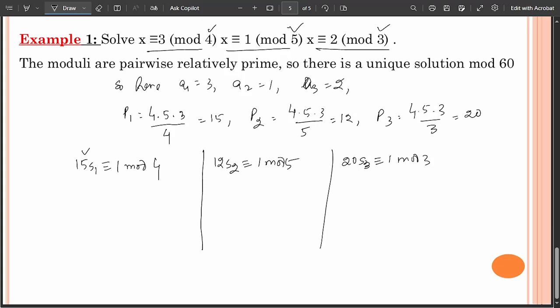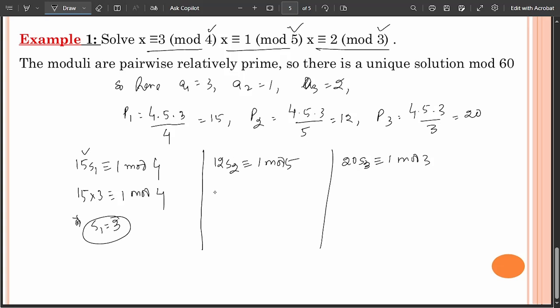When 15 into 3, that is 45, is divided by 4, the remainder is 1. So 15 into 3 is congruent to 1 modulo 4. That means s1 equals 3.